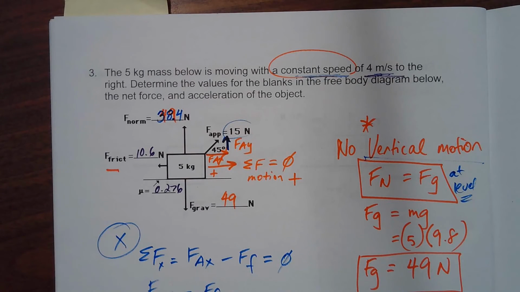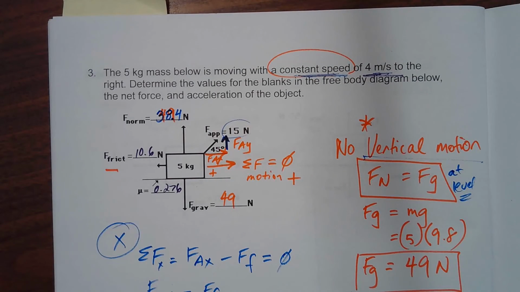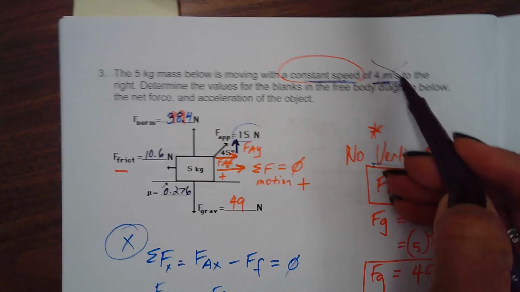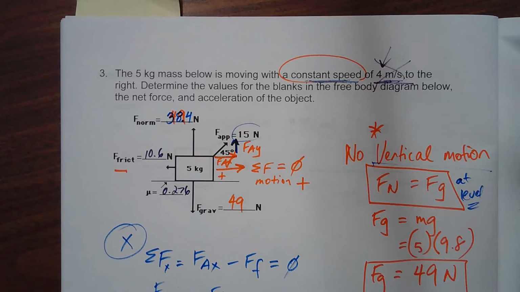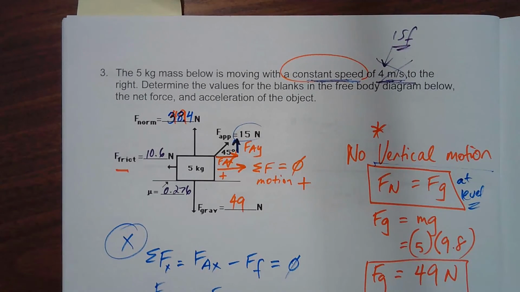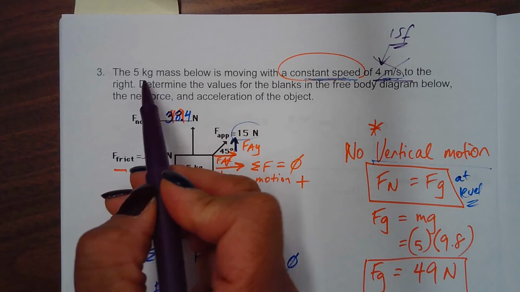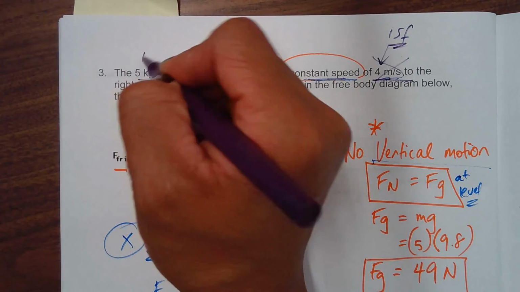Exactly, to understand that whenever you see constant speed, it doesn't matter how many numbers or what numbers you're given. Okay, that's not given, that's not going to be relevant. So 4, how many sig figs is 4? 1. So we're not going to use that because we did not use that 4, right? So this one is 1. Did we use the 5? We did, yeah. So that's 1 sig fig.